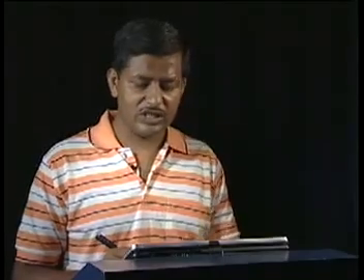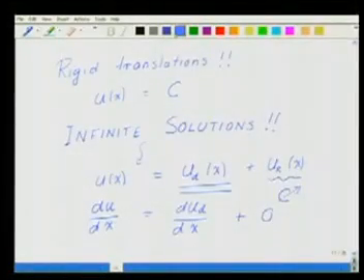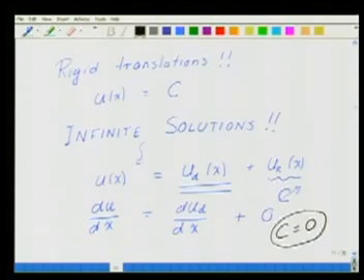If its presence does not change the strain information, then I can fix this c to be anything and get the same derivative or strain. So we will put c equal to 0, which means that u rigid is 0.